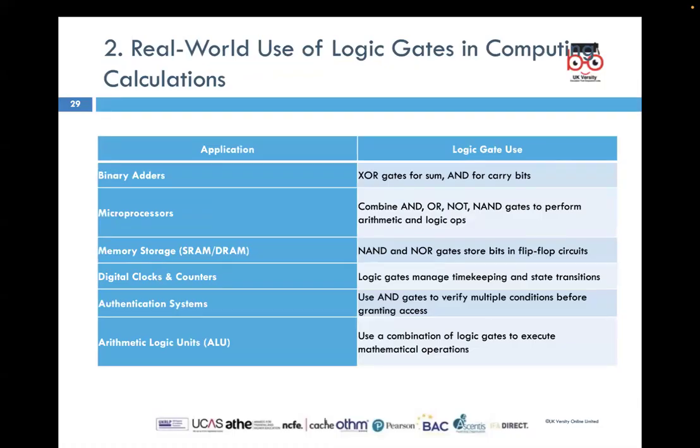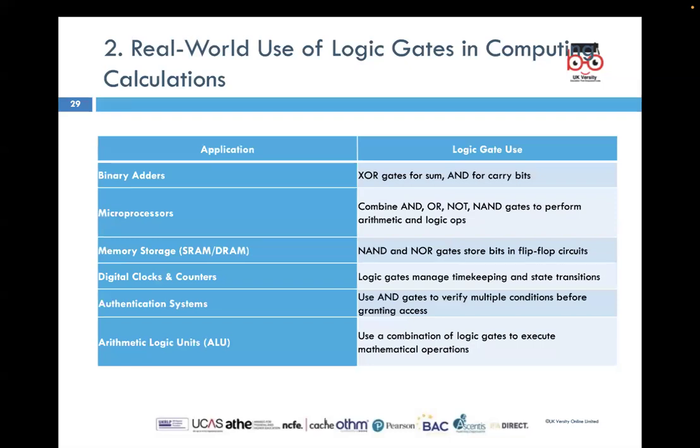Here's real world use of logic gates in computing calculations. So binary adders: XOR gates for sum, and AND gates for carry bits. Microprocessors: the logic gate uses combined AND or NAND gates to perform arithmetic and logical operations.